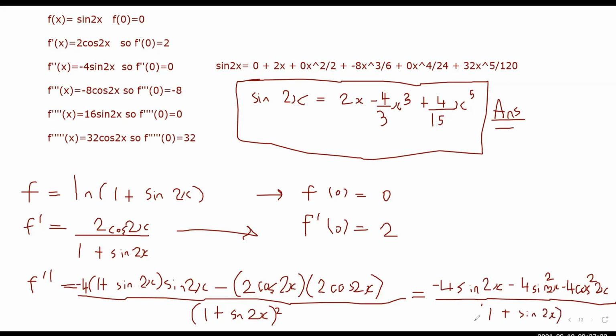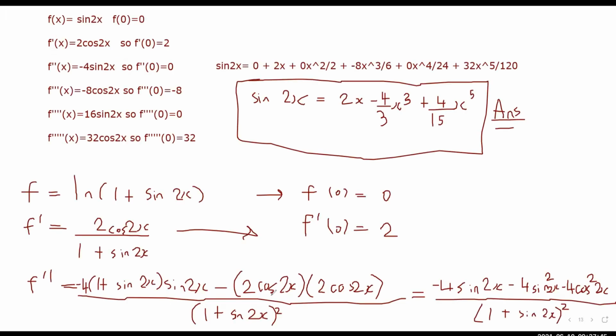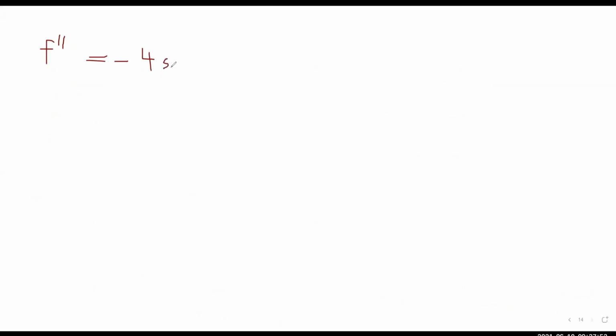Now if you wanted to continue and simplify, I realize that I can factor out a negative 4, then I get sine squared 2x plus cos squared 2x, which is 1. So f double prime works out to be minus 4 sine 2x minus 4.